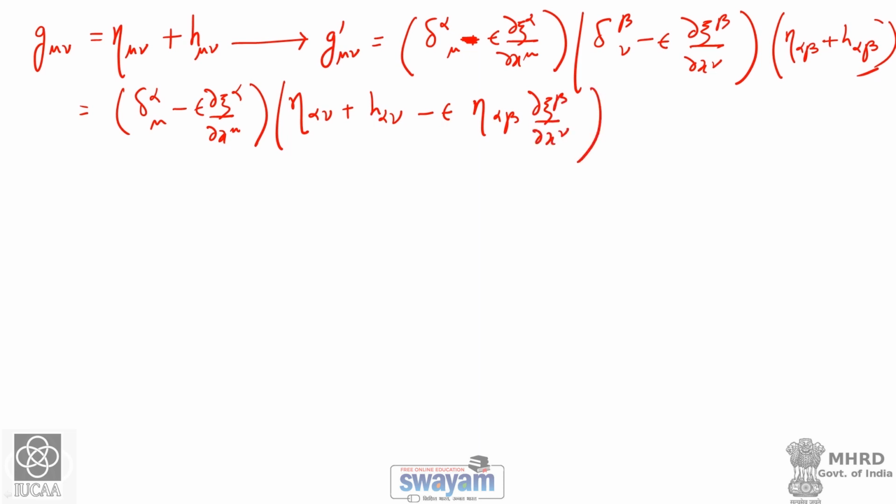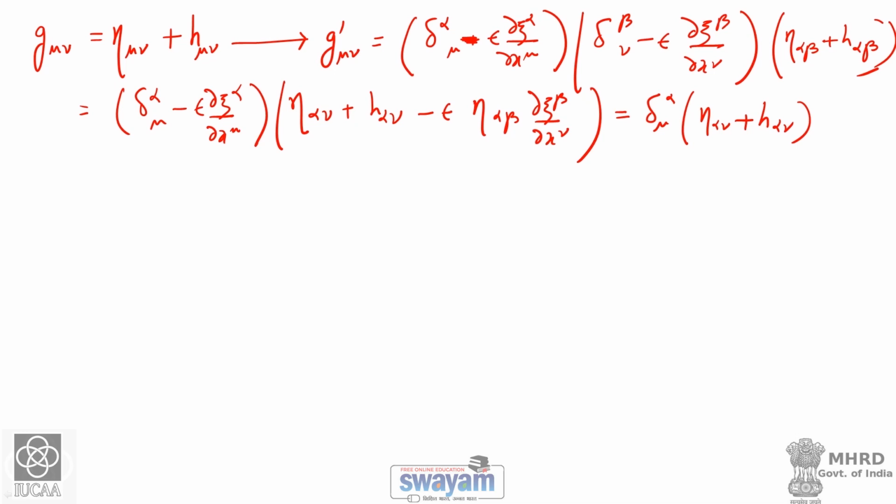Then again I will open up the bracket, so that I get δ^α_μ into η_αν plus h_αν, which will act on this.